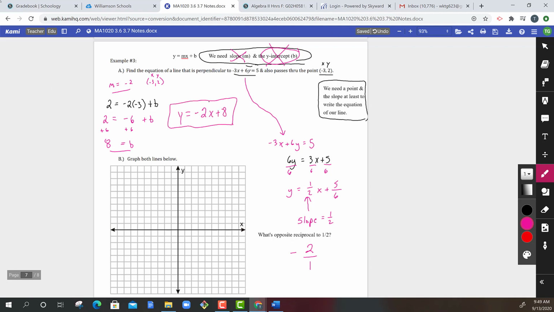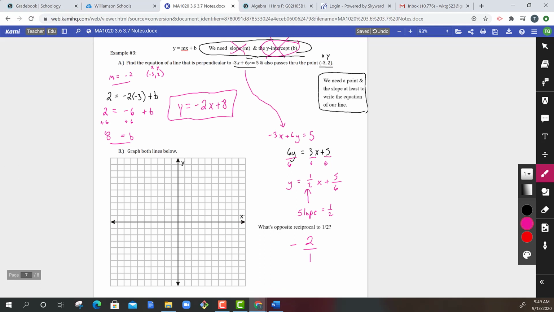And that wants us to graph both of these lines. So y = -2x + 8. We're going to start at 8, the y-intercept, and we're going to go down 2, right 1. I'm going to go ahead and just do that several times for this problem. And then we can graph the other line.